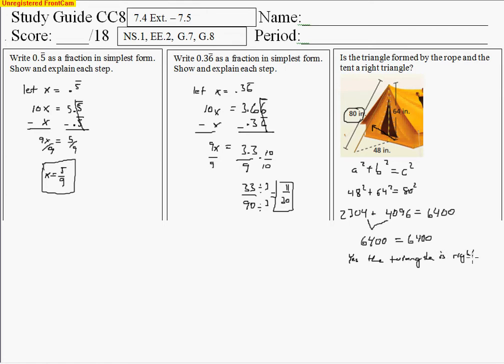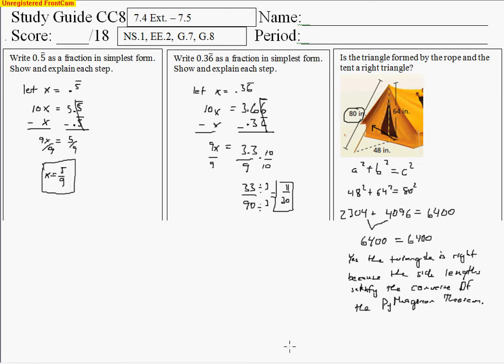And then our reasoning would be this: because the side lengths satisfy the converse of the Pythagorean theorem.